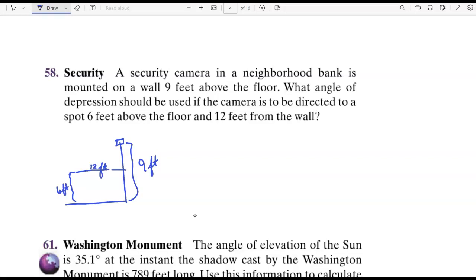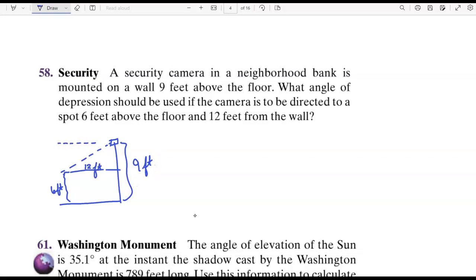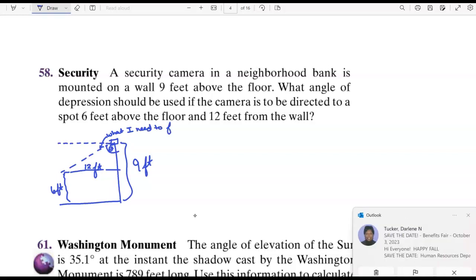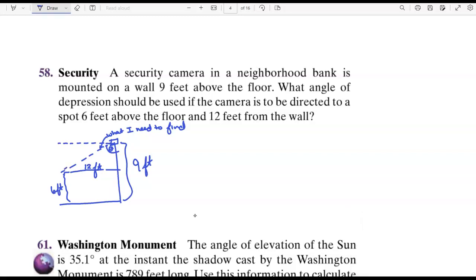So I'm looking at, let's think about what's going on here. So here's theta. I don't know what this is. This is what I actually need, because we want that camera to be directed down here this way.